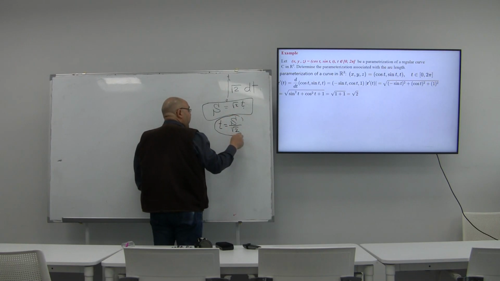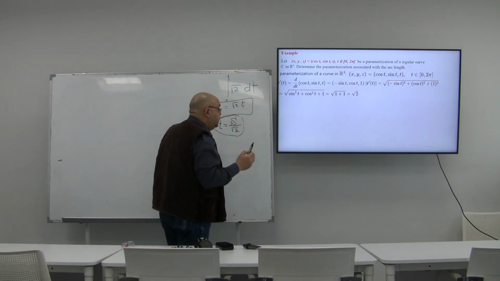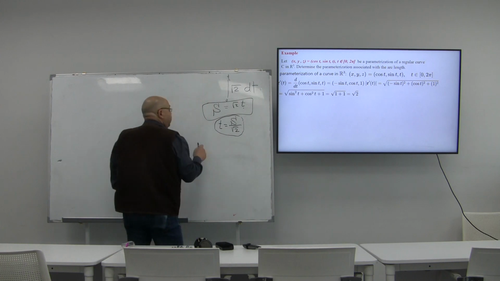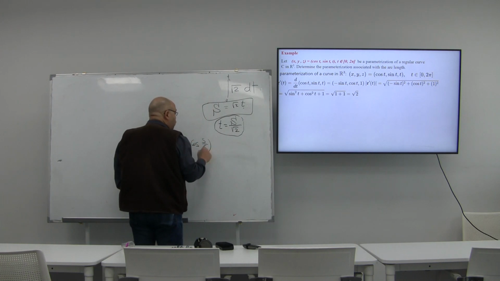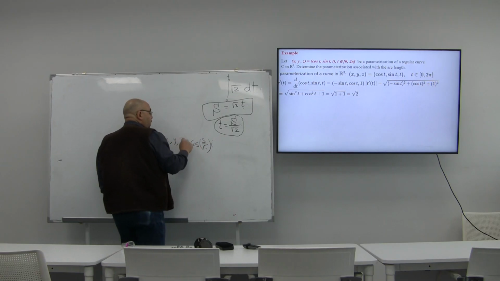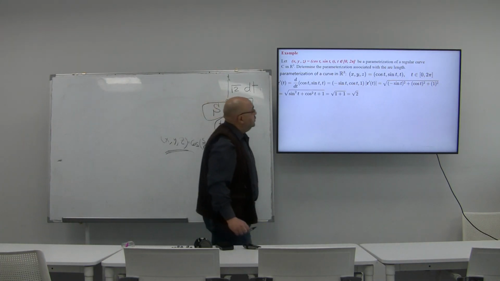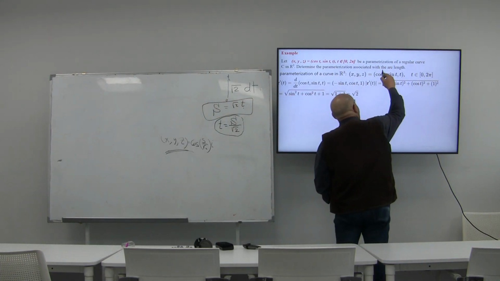Using this value in the r vector and replacing the t with s will leave me with cosine of s over root 2 in the direction of i. So this is x, y, and z. I hope you can see. The first component is cosine, replacing the t by s over root 2.